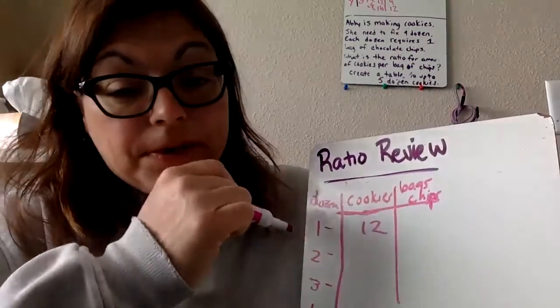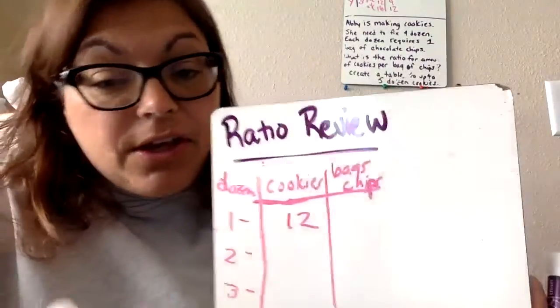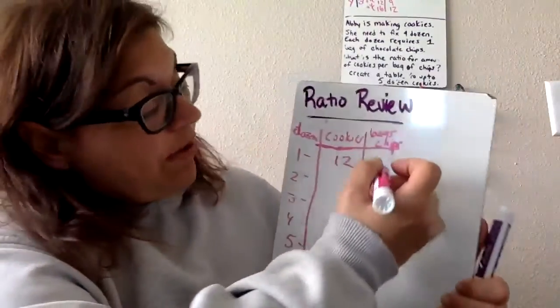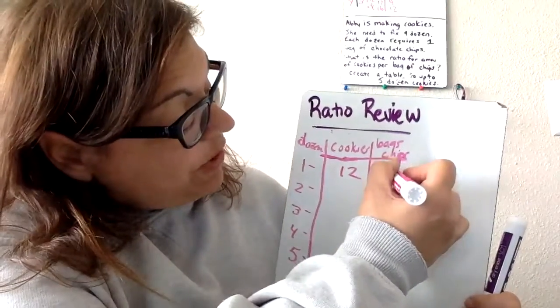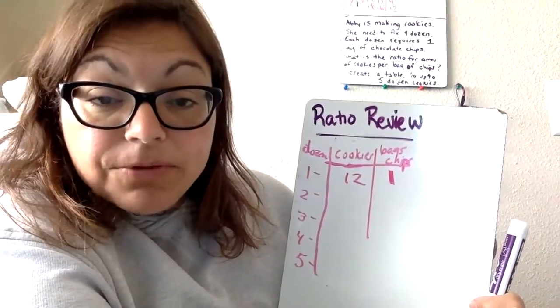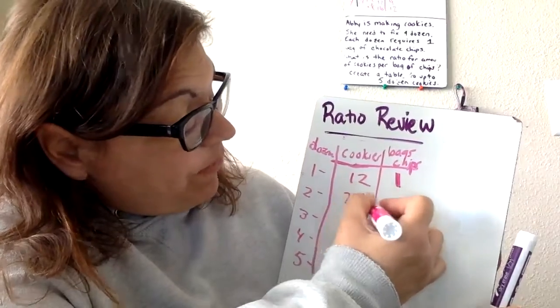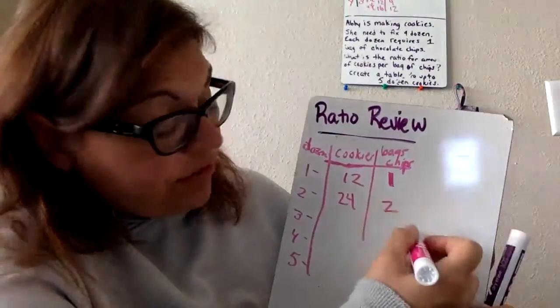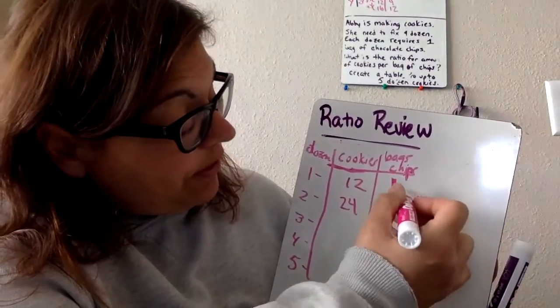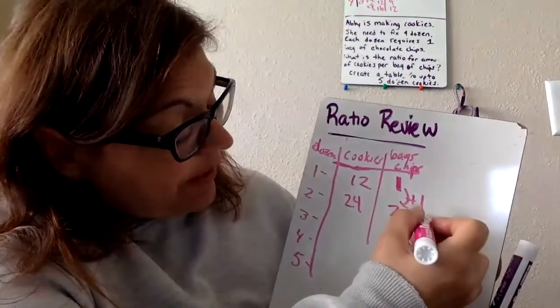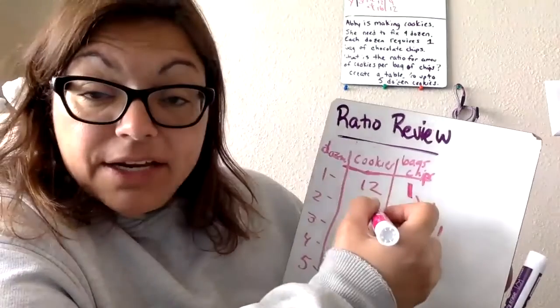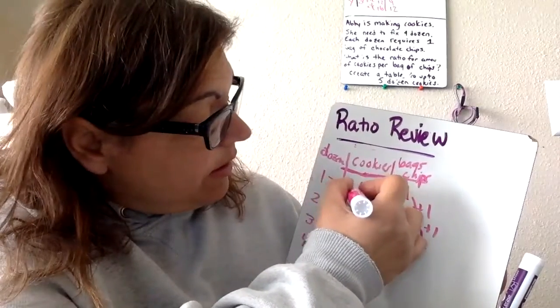But we know that that's 12. So we have our bags of chips. We need 1 bag of chips for every dozen of cookies, every 12 cookies. So if we have 24 cookies, we need 2 bags of chips. All we're doing is adding 1 here, adding 1. That's our pattern. Here we're adding 12.